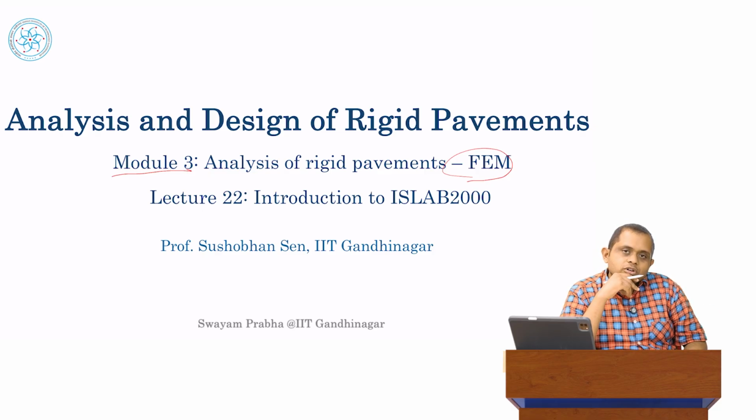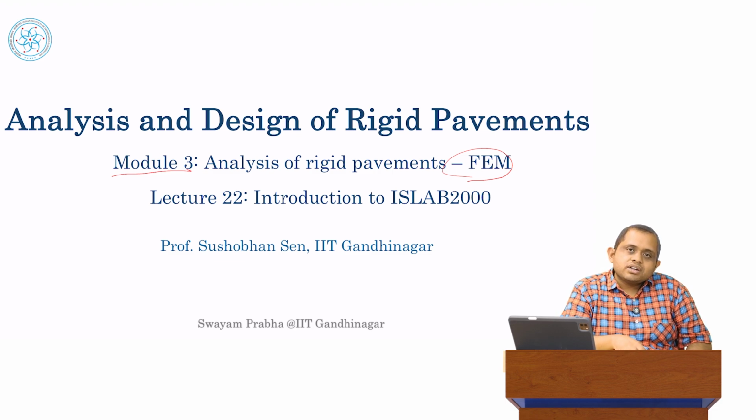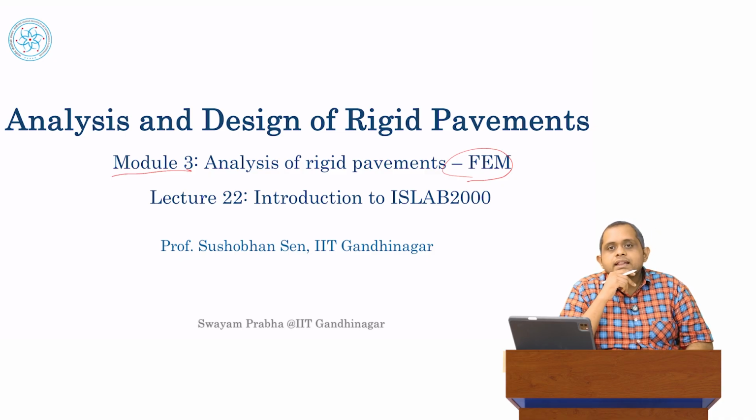Instead, we formulate it in such a way that our solution is going to carry an error. So we start with the idea that we are no longer looking for an accurate solution. We are looking for a solution with an error, but with one important property. That is, as I discretize my domain into a larger number of finite elements, the error eventually goes to zero.